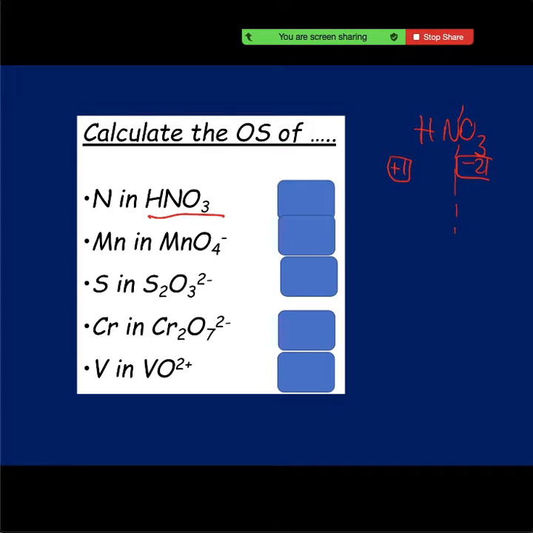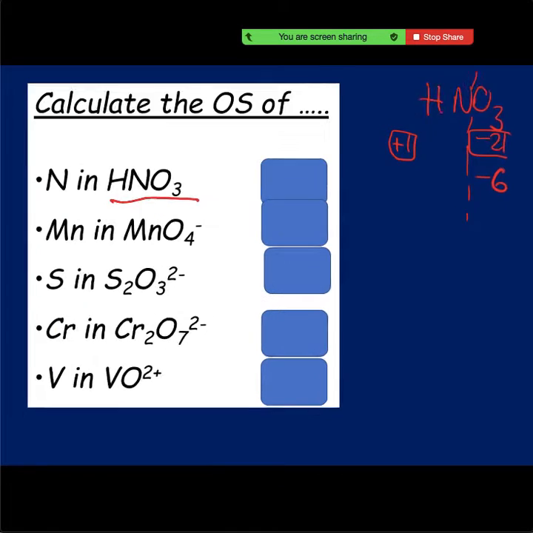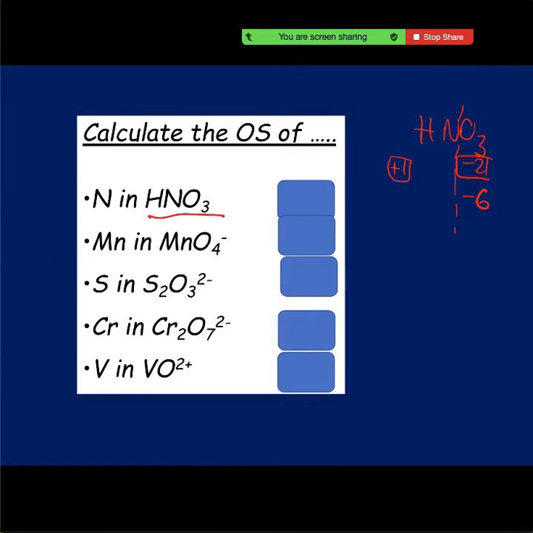But over here, my oxygen is -2 oxidation state. I have 3 of them, it is -6. So what do I have to put in over on this side to make sure that this left side over here is going to be +6 in total? So that must mean the oxidation state of nitrogen is +5, because these guys add up to +6. This guy is -6, and when you add those together, they both turn into 0.